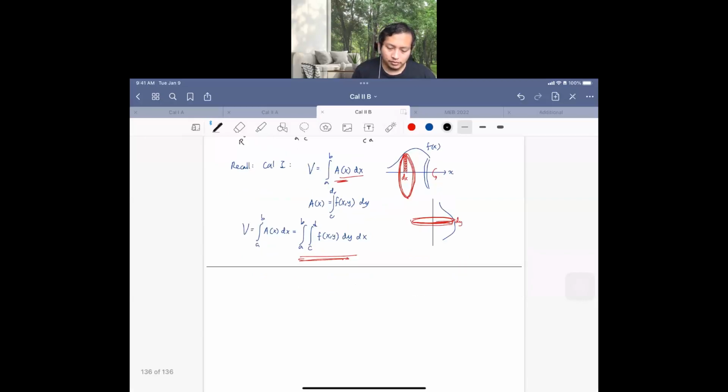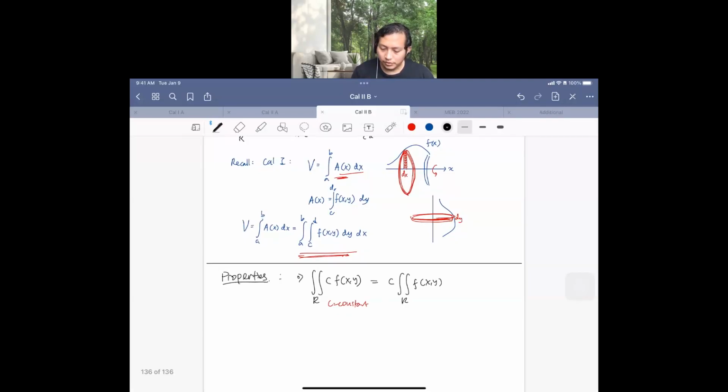So, some of the properties are for the double integral. First, if you have a double integration and c is a constant, of course, you can factor out the c. Nothing wrong with this one. Sorry, dA. This is dA.